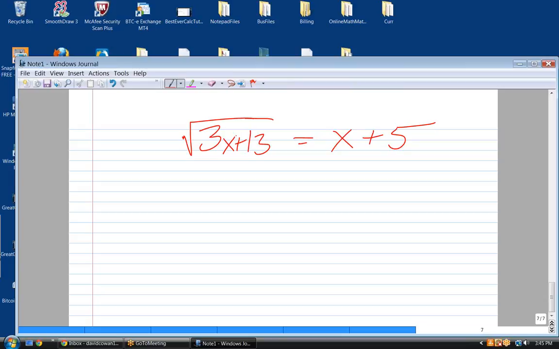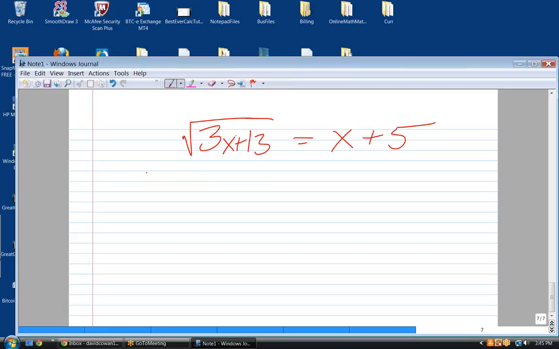Whenever I'm solving an equation with a radical sign, my first goal is to isolate the radical sign and everything under it. Well, once I get that done, then all I have to do is square both sides. So this came already isolated. I don't have to do anything to isolate the radical sign. So first step, square both sides.